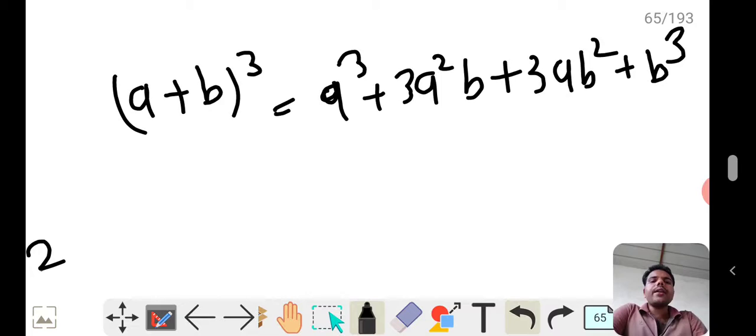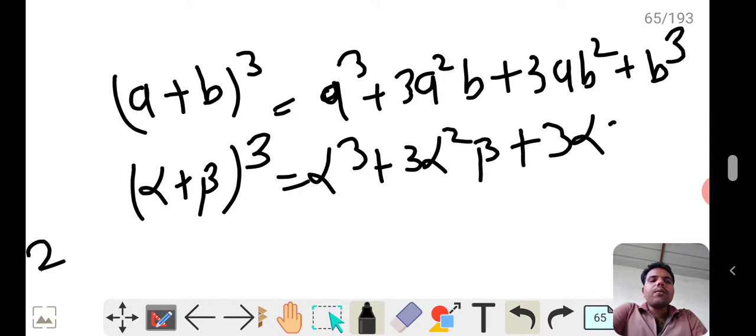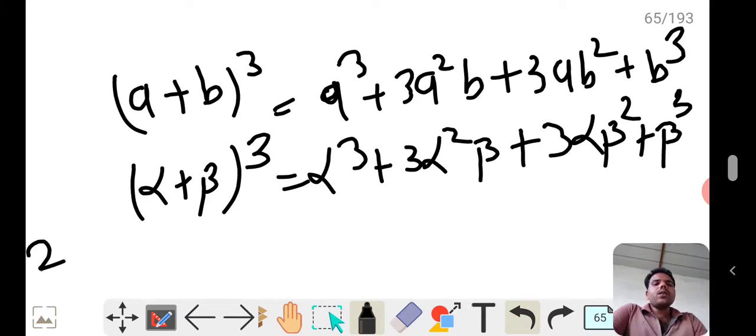Now we can write alpha plus beta bracket cube as alpha cube plus 3 alpha square beta plus 3 alpha beta square plus beta cube. From this we will get the value of alpha cube plus beta cube by putting the known values.